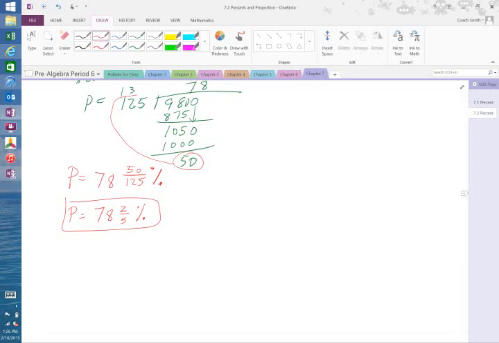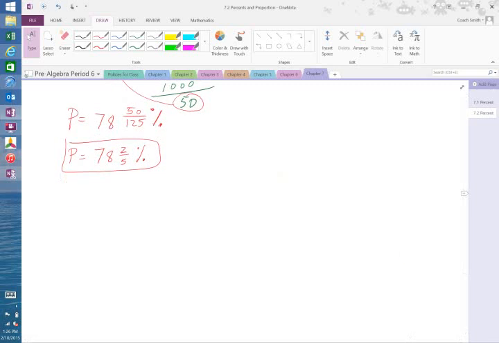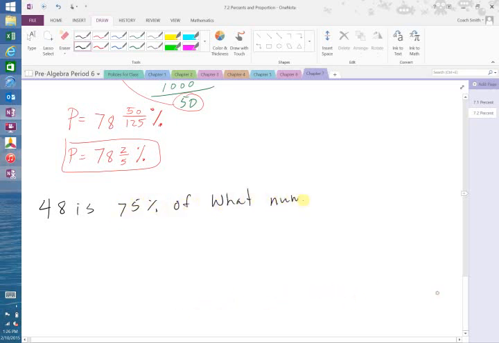Okay, so we found the A, we found the P. Now let's look at one where you have to find the B. So 48 is 75% of what number? Once again, there's your of.